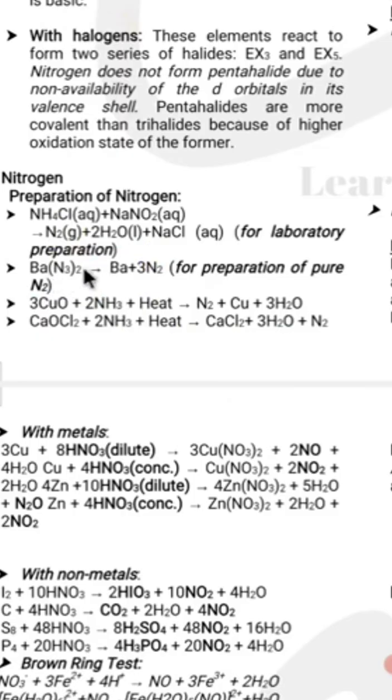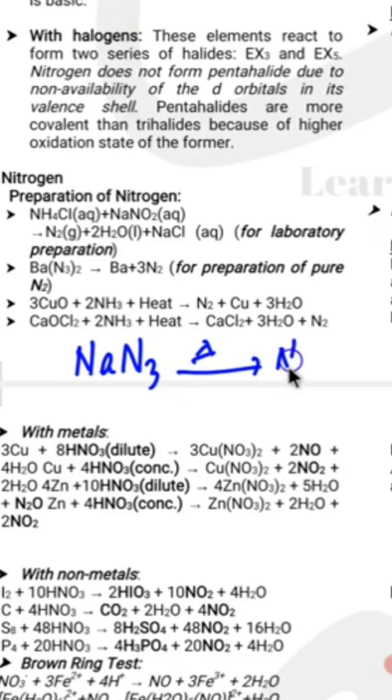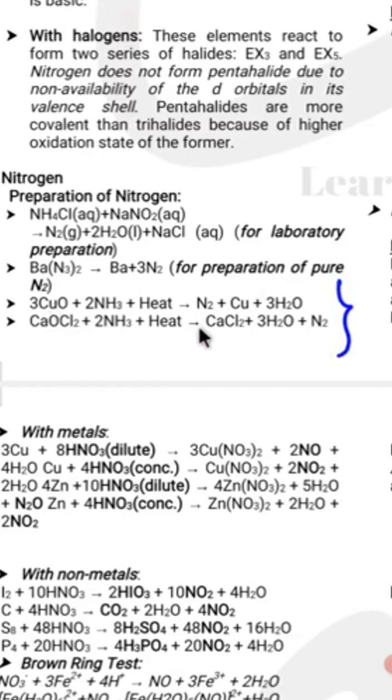Instead of barium azide, we can also take sodium azide, NaN3. If it is thermally decomposed, we will get sodium and nitrogen. Here are some more reactions from which we can prepare nitrogen.